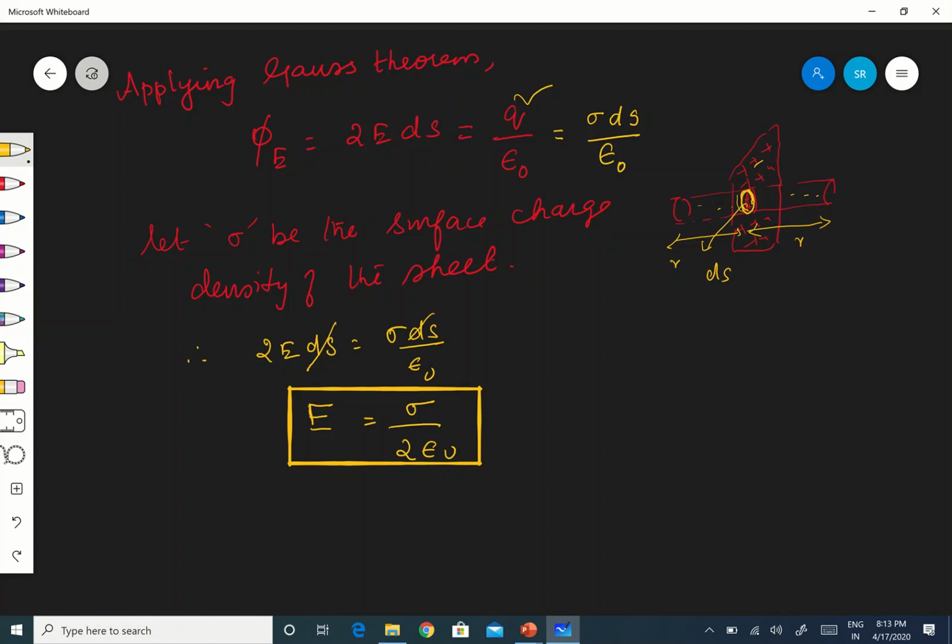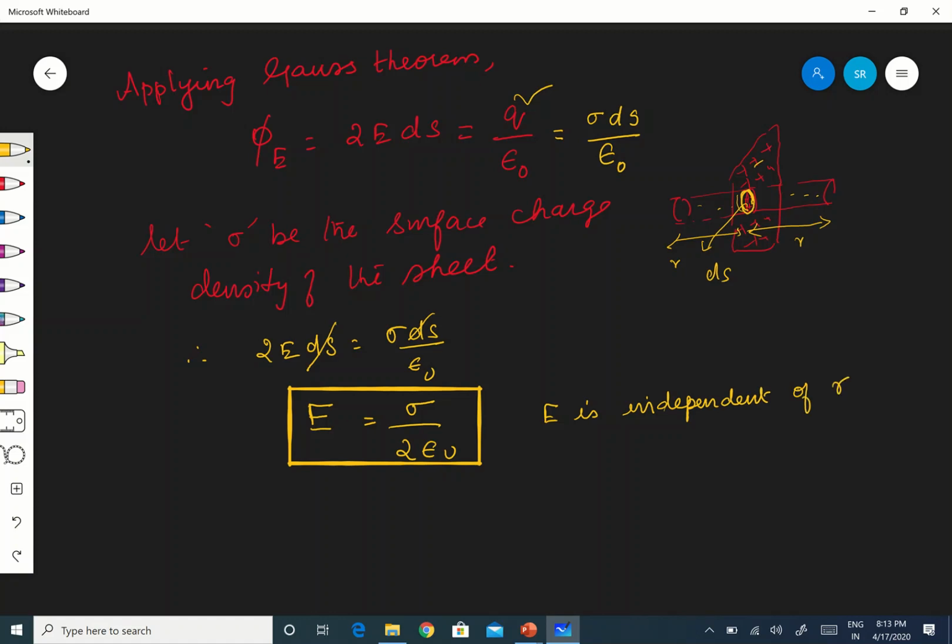Which says that the electric field intensity is independent of R. Okay, what is R?